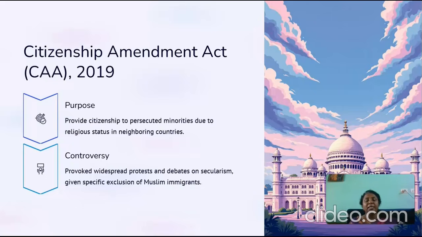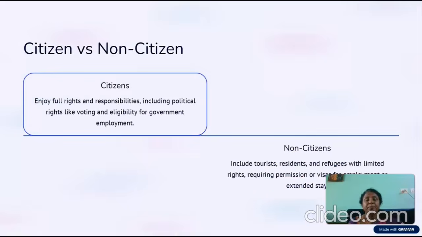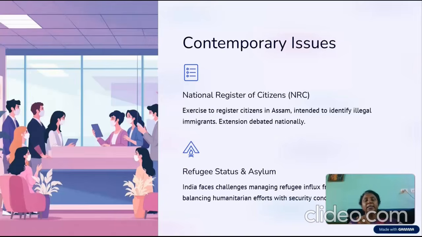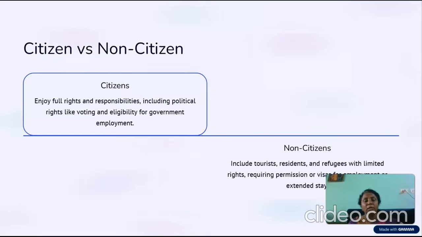This was passed, and it created a lot of controversy, debates and protests, because it excluded Muslim immigrants. That is the reason it raised a lot of debates and protests.